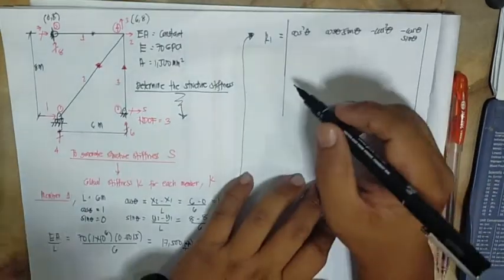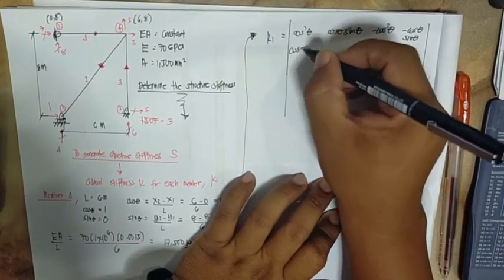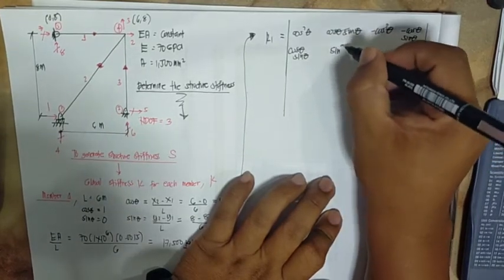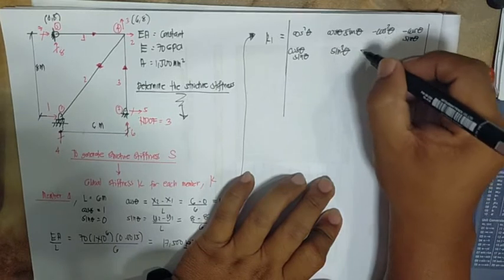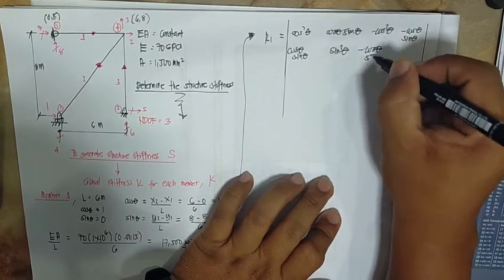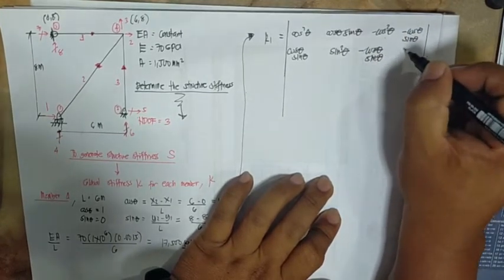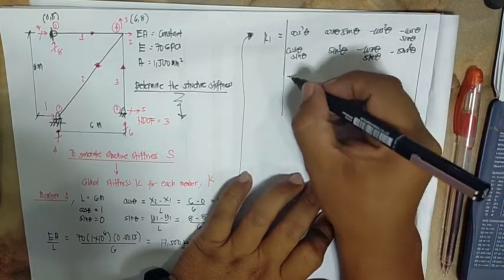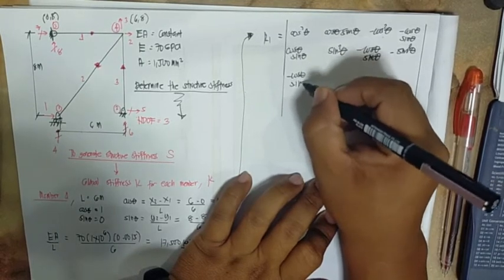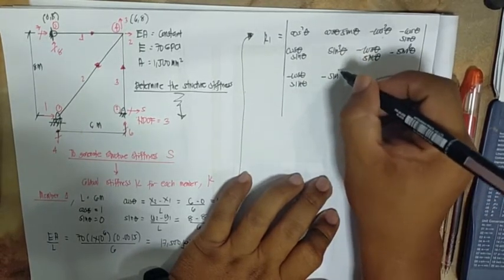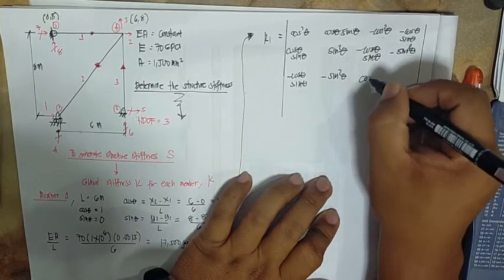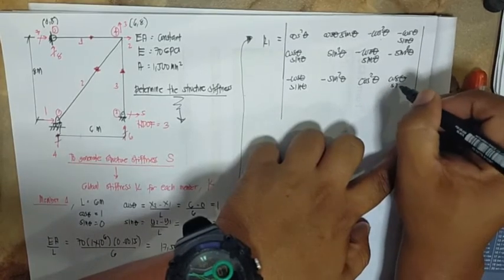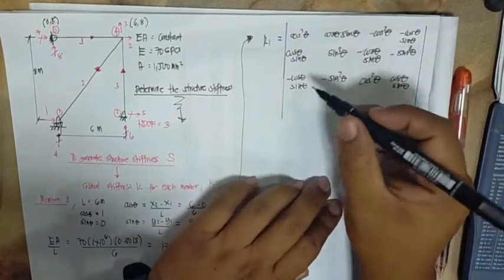Okay, then cosine theta sine theta, sine squared theta, negative cosine theta sine theta, negative sine squared theta, then negative cosine theta sine theta, negative sine squared theta, cosine squared theta, cosine theta sine theta.